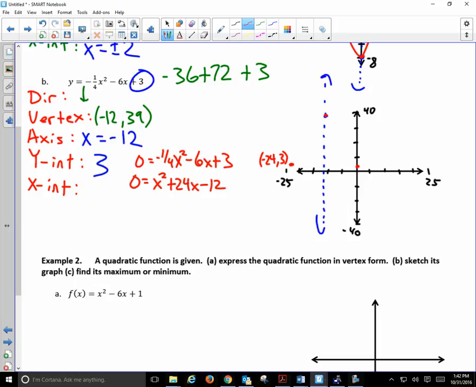So, quadratic formula, your favorite thing. x equals negative b, negative 24, plus or minus the square root of, what's 24 squared? Starts with a 5, ends in 76. 576.